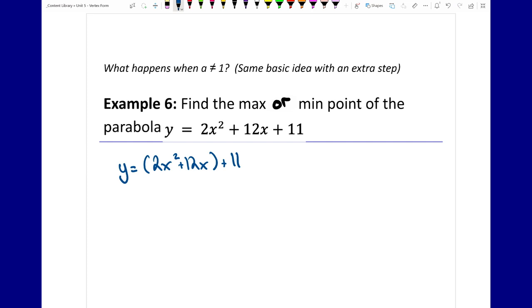Now, the new step, before we go any further, we need to factor the coefficient in front of the x squared.